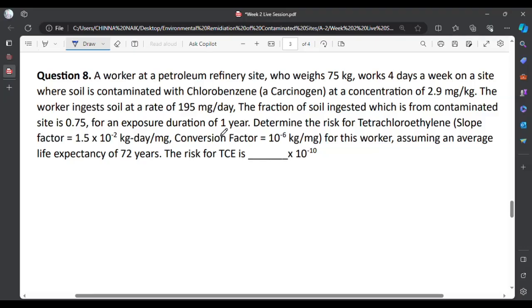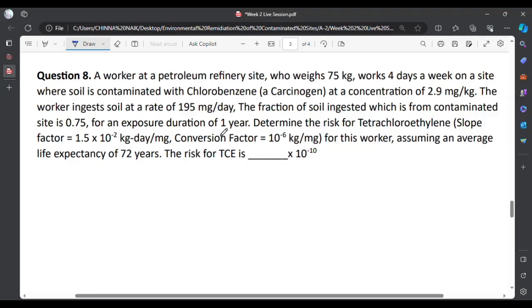So we have to calculate the risk for tetrachloroethylene. How will we calculate risk? Here it is about soil ingestion, so we calculate the soil ingestion intake. Because it is a carcinogen, risk is intake into slope factor only. So we calculate the soil intake and multiply by the slope factor given in the question.